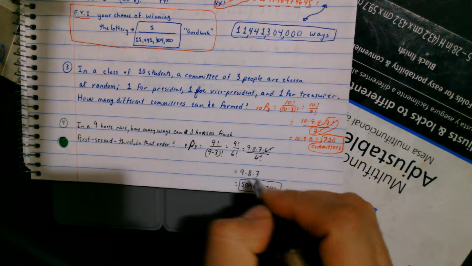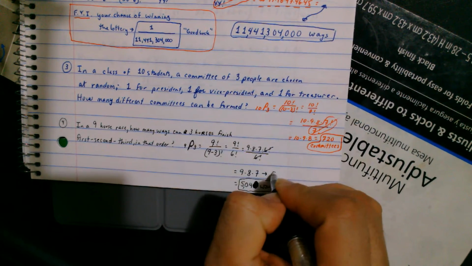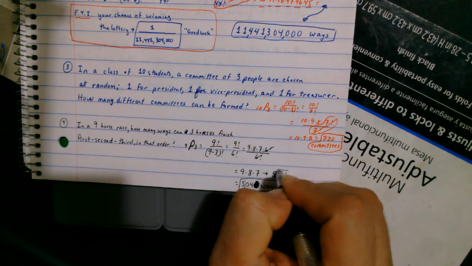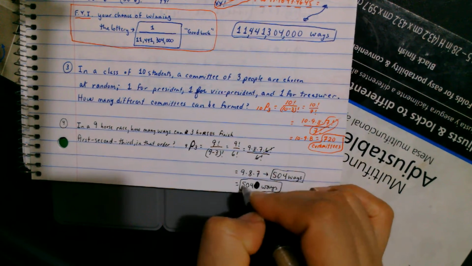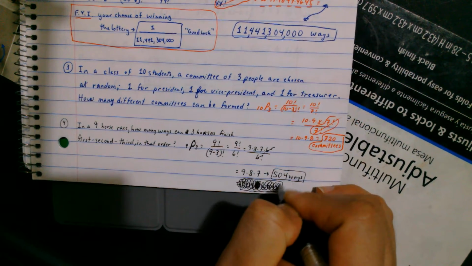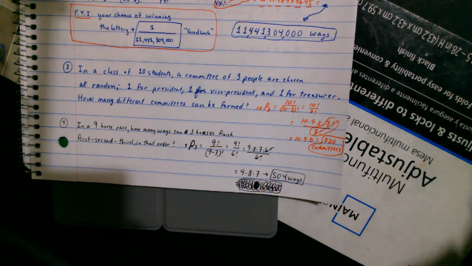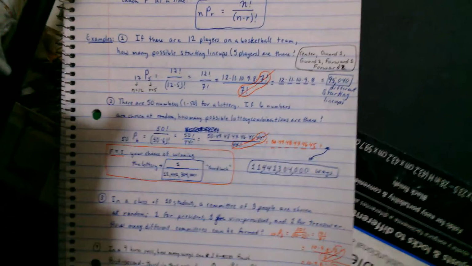Not 5,040 ways. For some reason, I keep throwing an extra 0 there. But that ultimately is how you would handle the permutation.